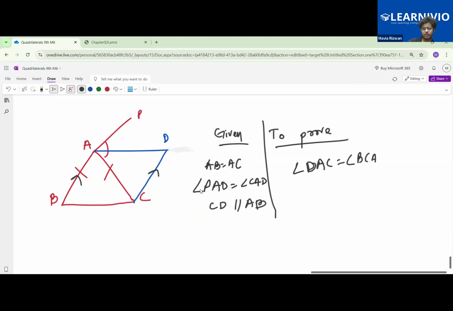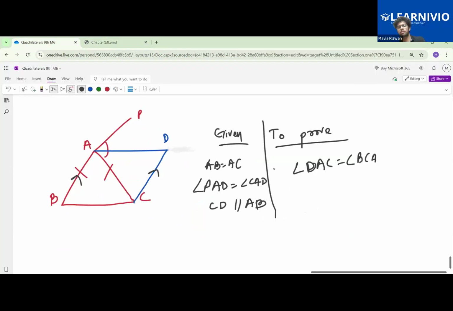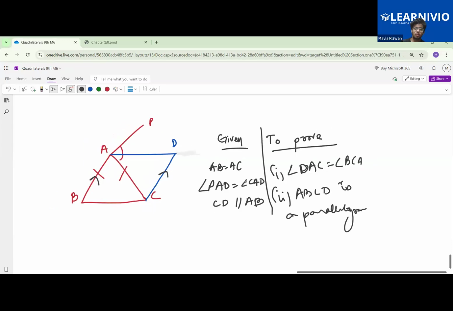And we have to prove that ABCD is a parallelogram. Okay, fine. So this was the first thing. Second, we have to prove ABCD is a parallelogram. If you did this much, it means you understand the question. Now we have to apply and see how to solve this question.